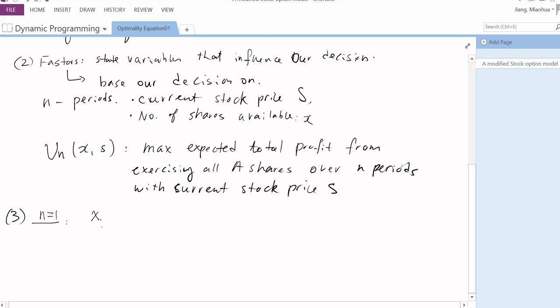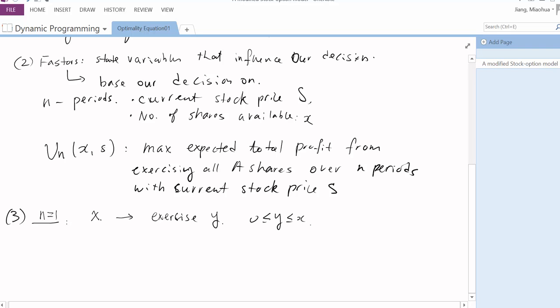We know we are going to either not exercise or exercise all X, but we want to slow down and say it's the last day and we are just going to make a decision to exercise y, and that means y is less than or equal to X.